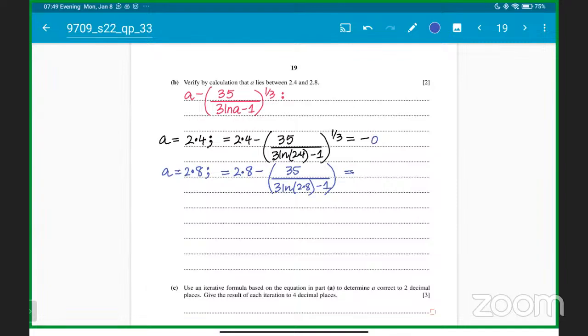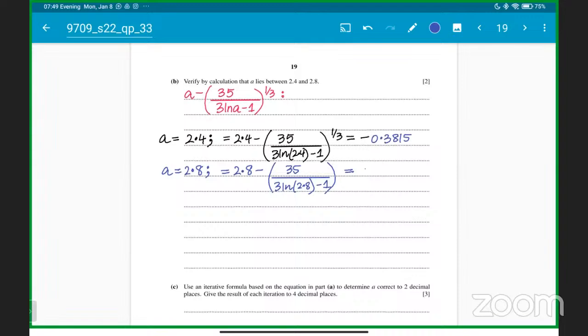That is negative 0.3815. And the other one should come positive. Let's do this one, power of 1 over 3. This one is coming positive, exactly 0.2411. So negative and positive.